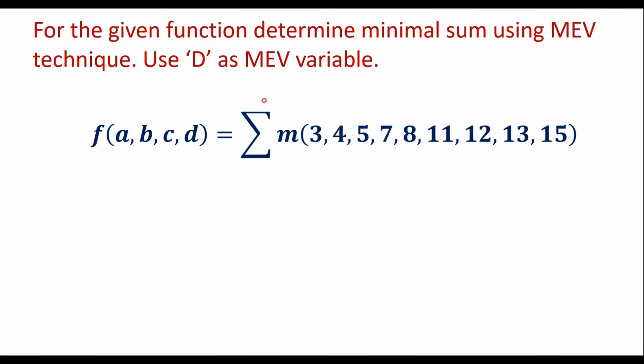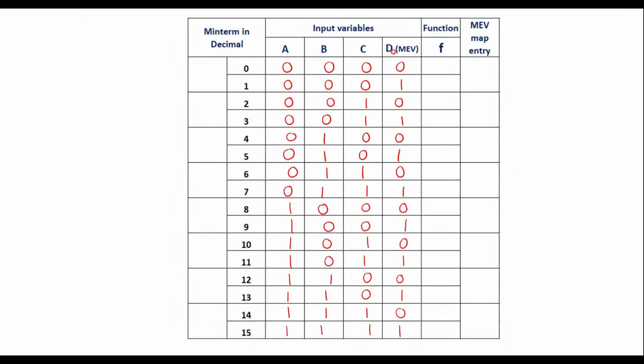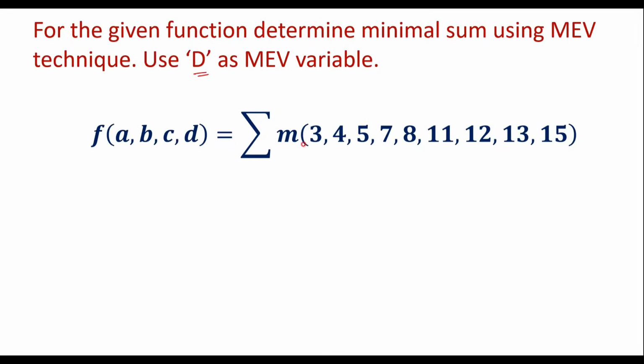Given function, it is said that D is the MEV variable. Therefore, I have written here D as MEV variable. Now let me write the function. The entry in the function is nothing but we are supposed to write for these minterms values.